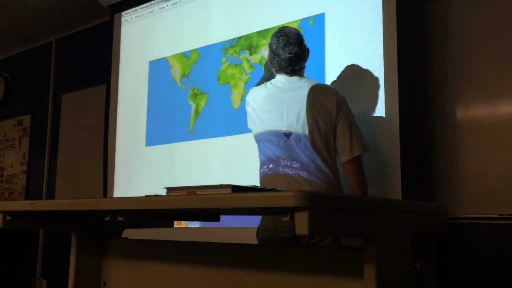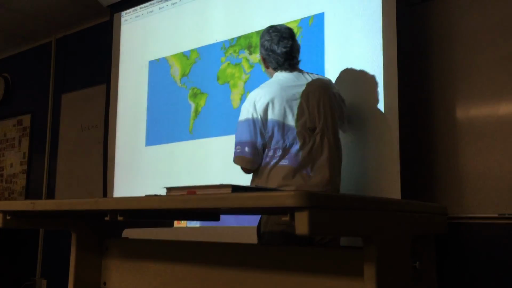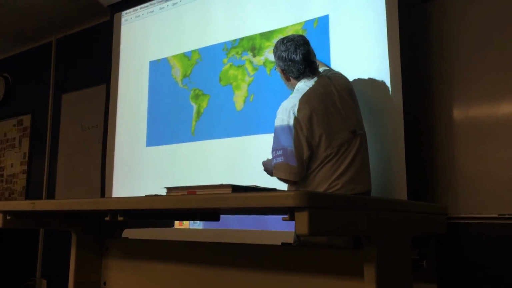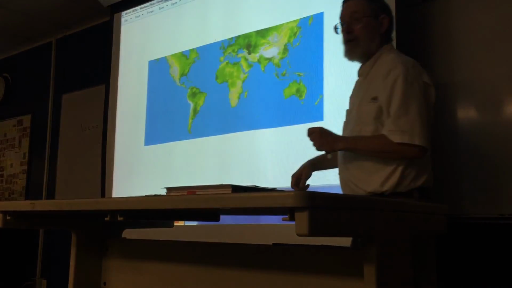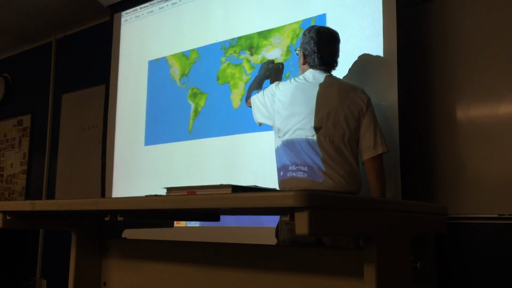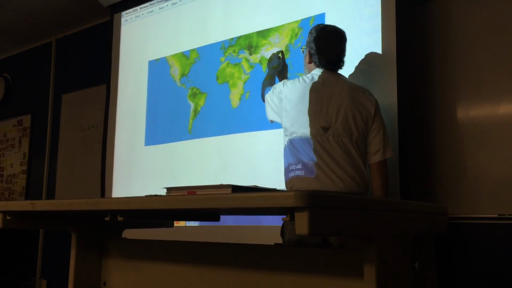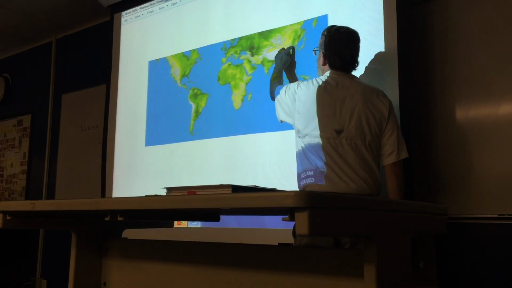We have massive strike slip faults in here. We have a massive fault that cuts through here. It's called the Red River Fault Zone that cuts through into northern Vietnam, and that is a strike slip fault zone. We have the Tan Shan that extends over here.